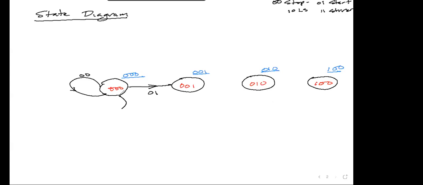I'm going to do this initially, and then we're going to rub it out afterwards and explain why. If the level switch is triggered, it would be 1, 0. What happens if the stirrer is triggered in the stop state? It remains in the same state.